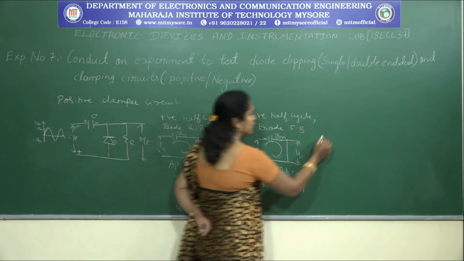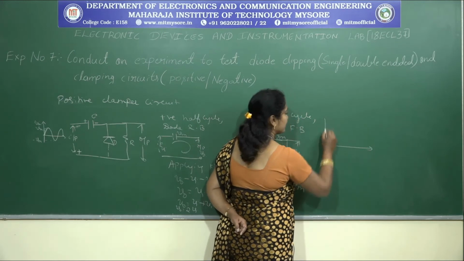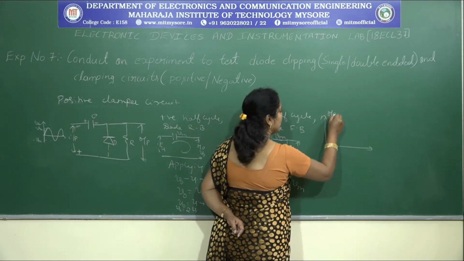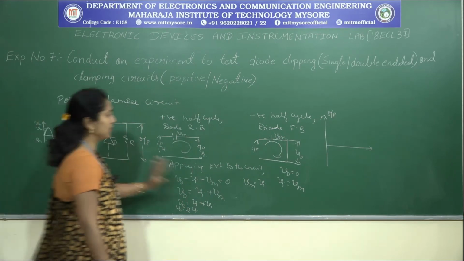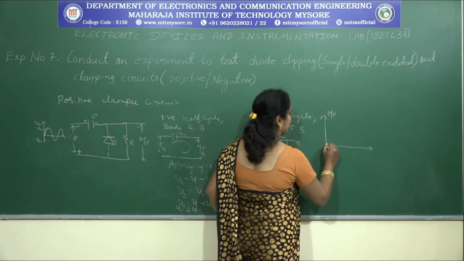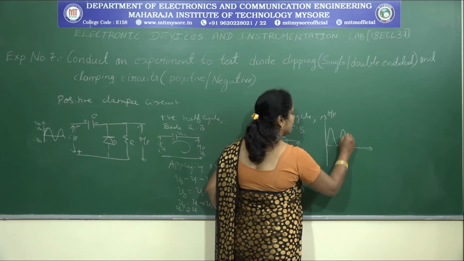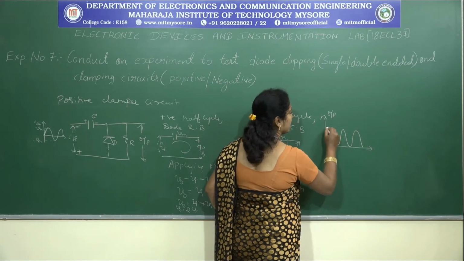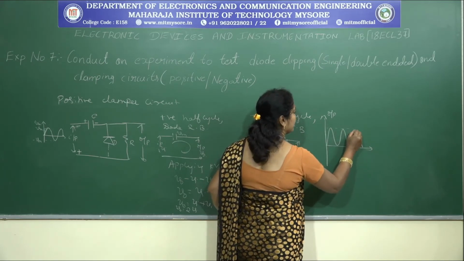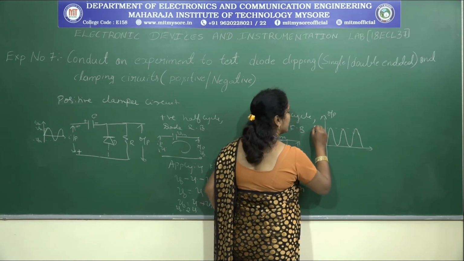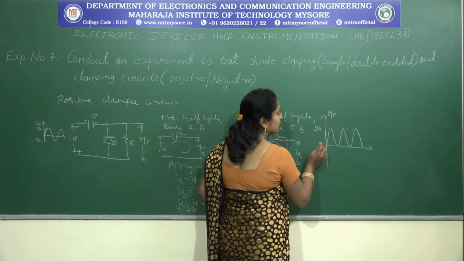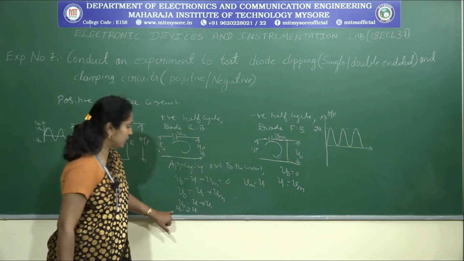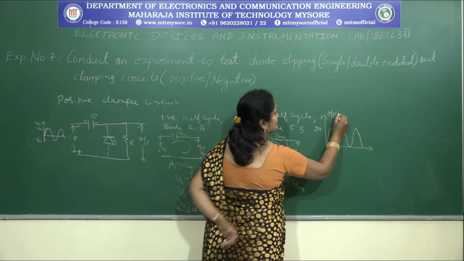So that means this is the output. Without changing the shape of the input signal, your output is going to shift by twice the input signal. So this is the 2Vi it is going to shift, and this will be your output V0.